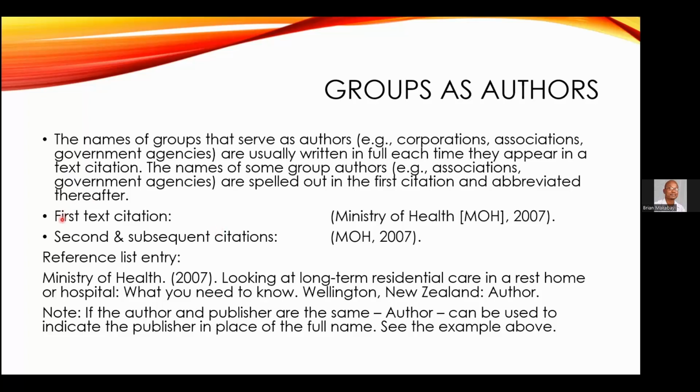So an example here. For example, the first text citation, this is by Ministry of Health. So you write Ministry of Health, then you put square brackets and put its abbreviation, comma 2007. Then subsequently, you use the abbreviation.